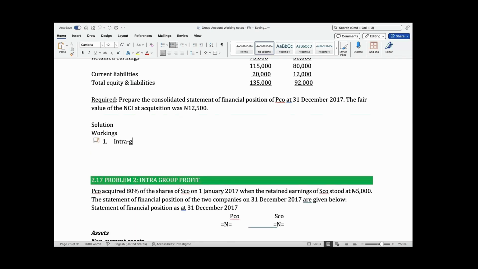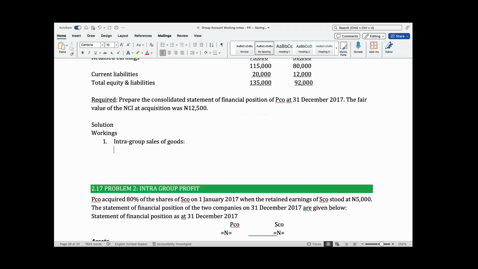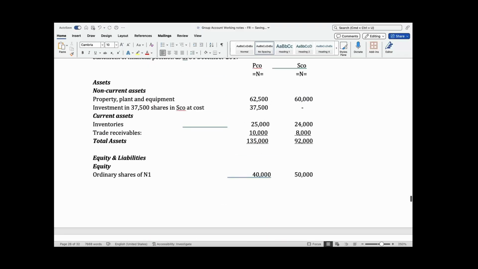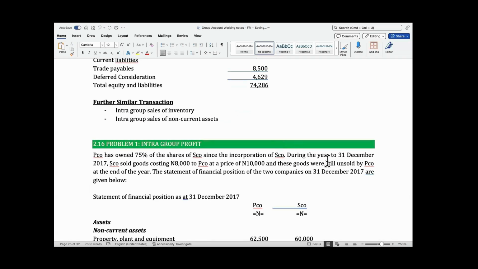Intra-group sales of goods resulting in an unrealized profit, which is 10,000 minus the cost of 8,000, of 2,000. Now, this good was still unsold by PICO. It is still in the inventory of PICO.